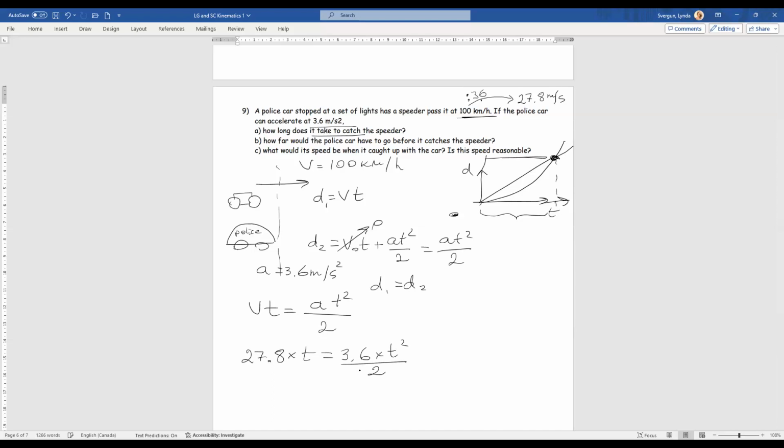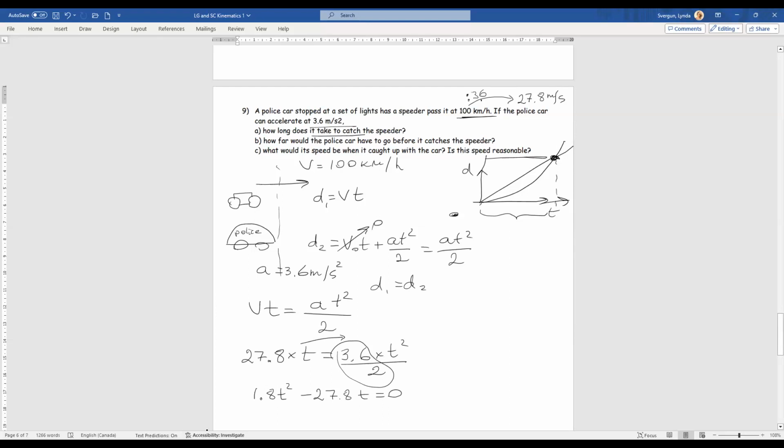Whenever you have equations that you can reduce, try to do it right away. It's easier to reduce that number. So it's 1.8 t squared. Move everything to one side. When you look at this quadratic equation, A is there, B is there, but C is missing.